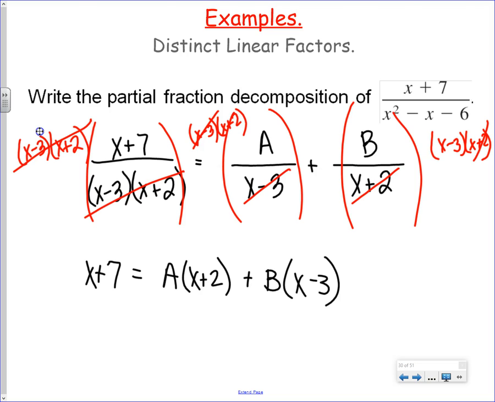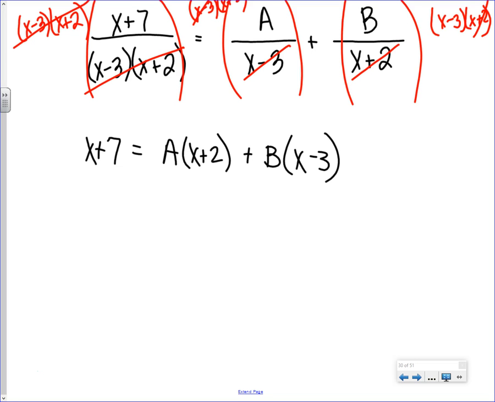And my question to you is, how on earth could this be a system? And the answer is, there are x terms and there are constants.